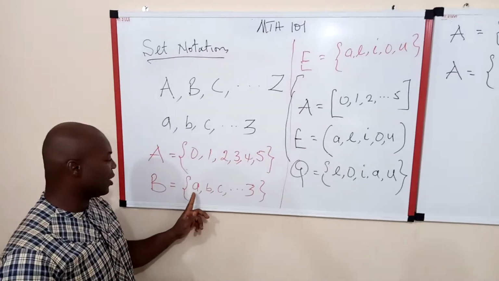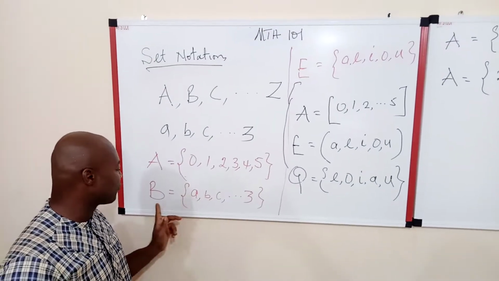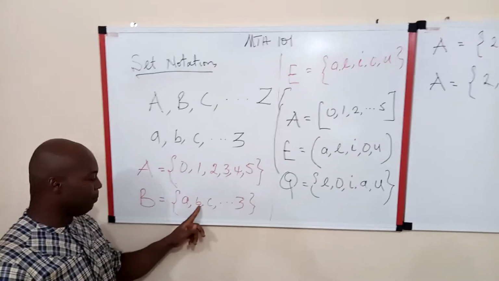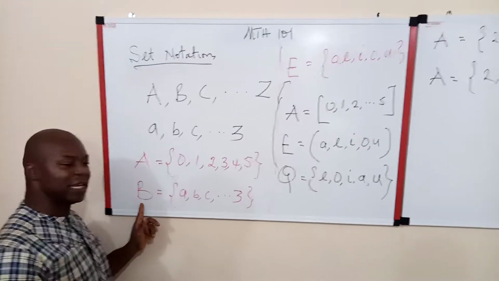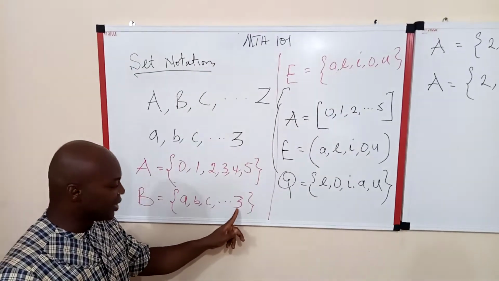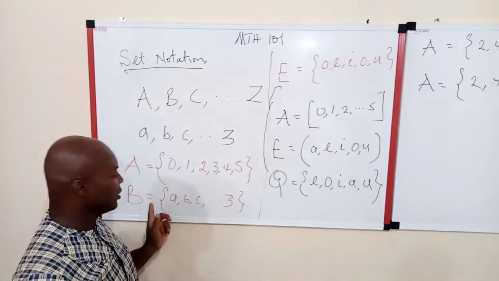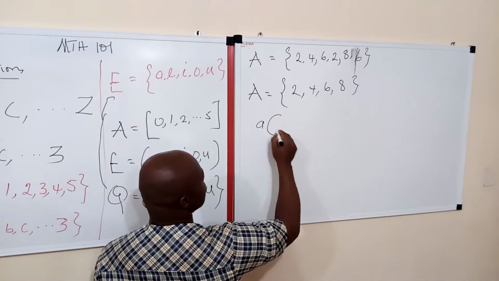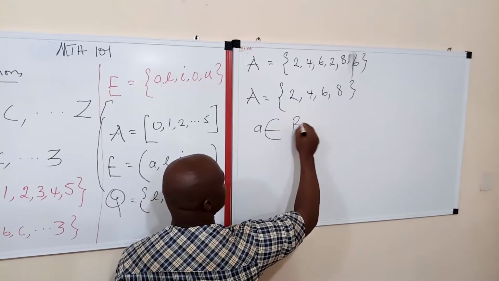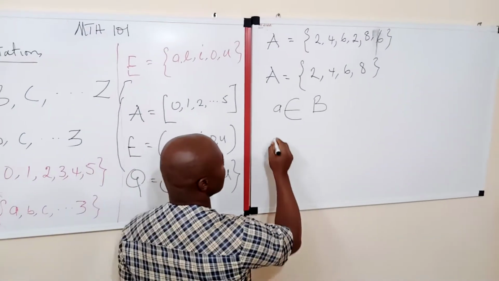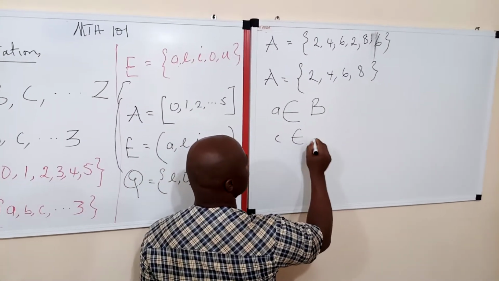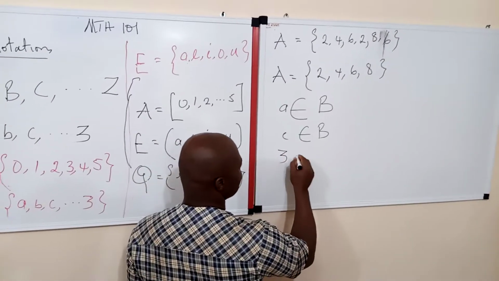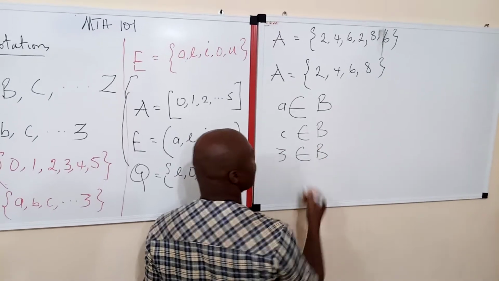Here we have A as a member of set B. A is contained in B. C is also contained in B. Z is also contained in B. This statement you can write as: A is contained in B, C is contained in B, Z is contained in B.